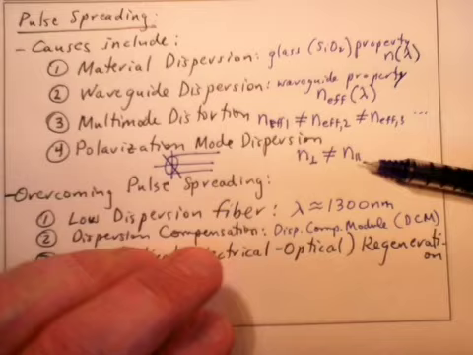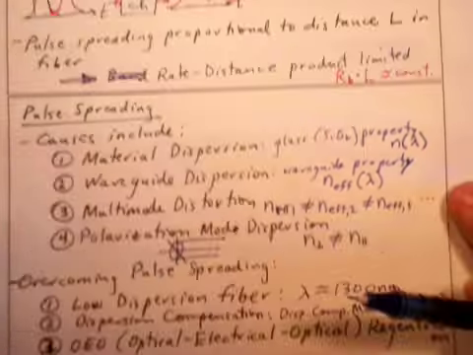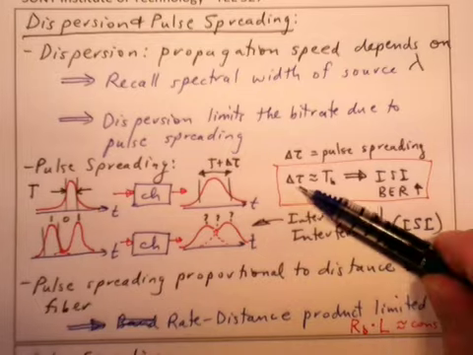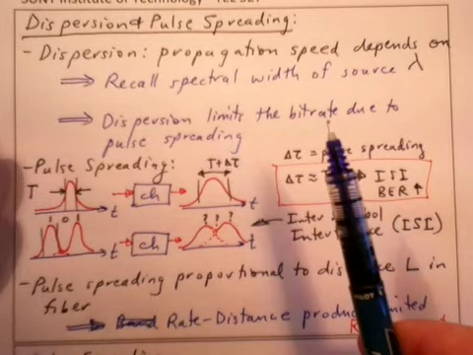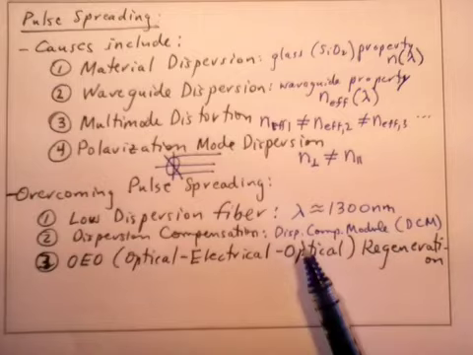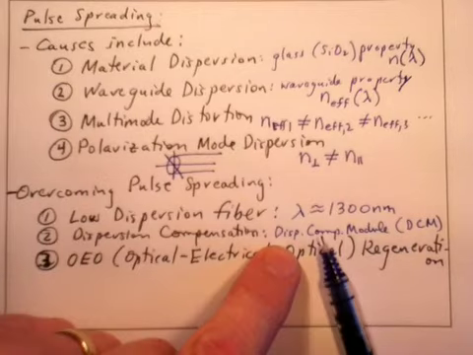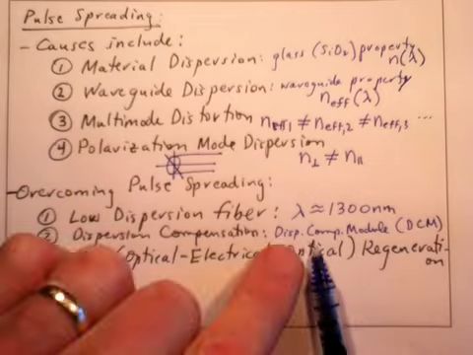Okay, so dispersion does have a sign. This delta tau could be either positive or negative, indicating that longer wavelengths either have a higher or a lower propagation speed in the fiber. And so we can create fiber with the opposite sign of dispersion of normal fiber and include a short length of that to compensate.